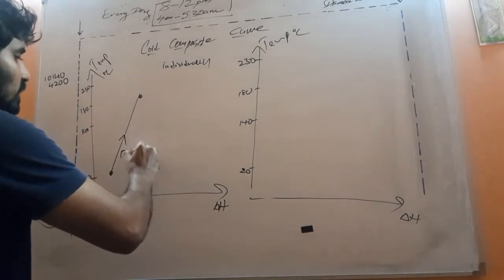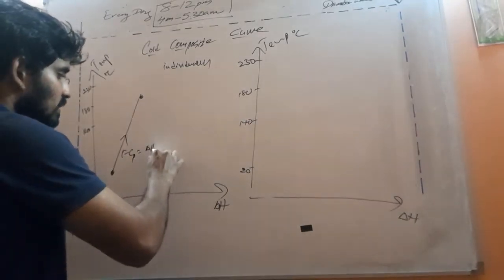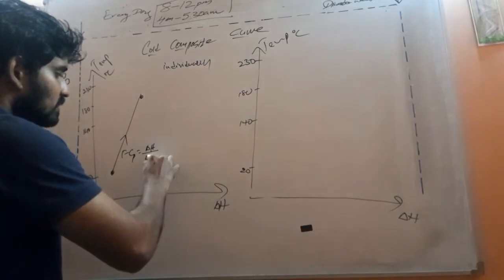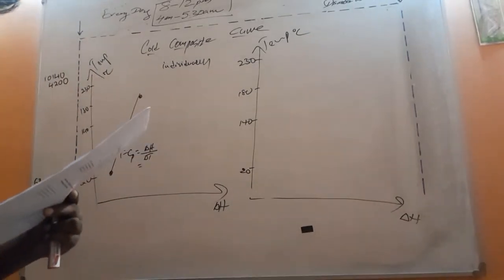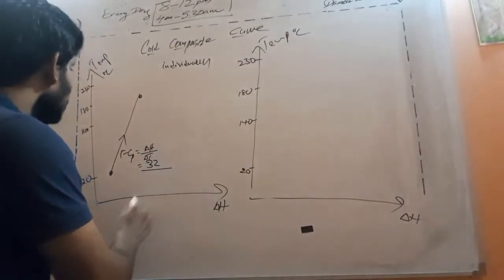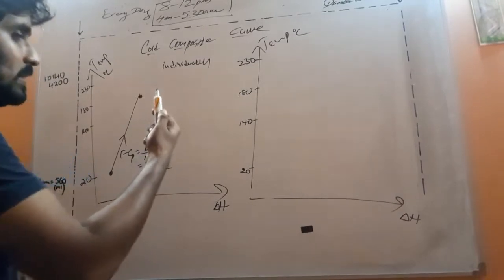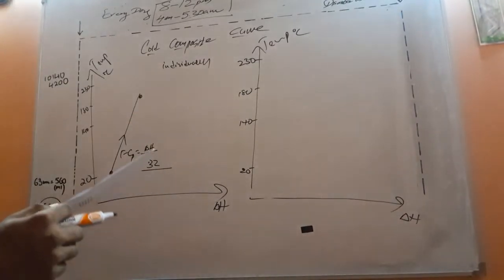And you have to find what is FCP. What is the FCP value for this curve? That is delta H divided by temperature difference. What is delta H for this process? It's 32. 32 divided by temperature difference. It is target minus supply. What is the target?